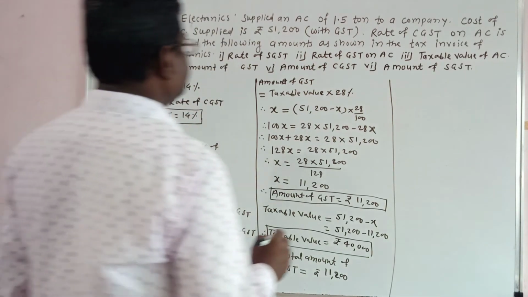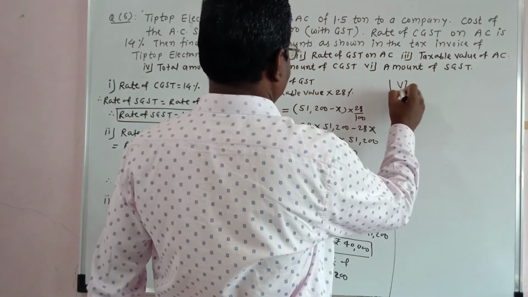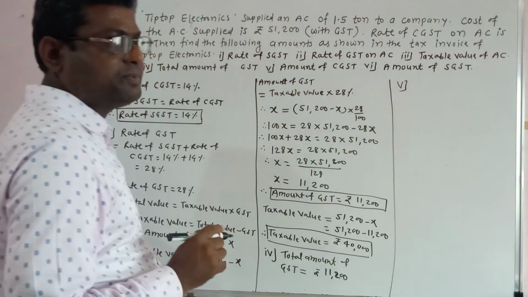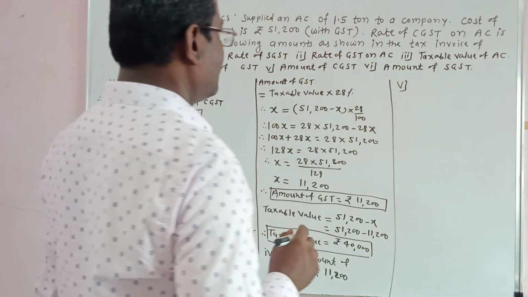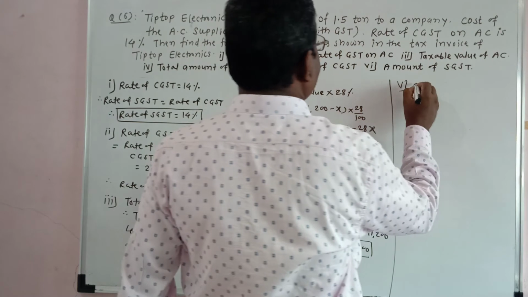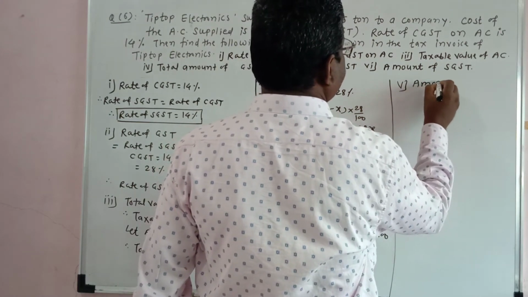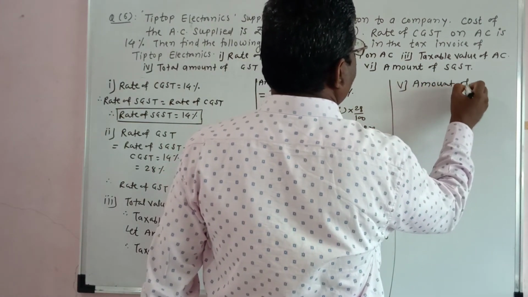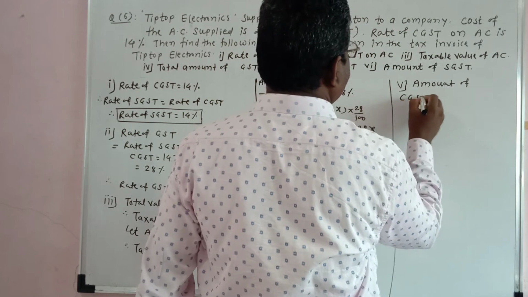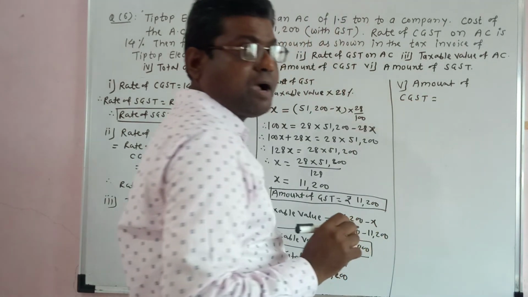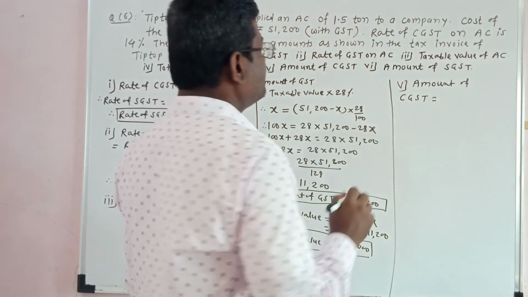Now number 5, we have to find the amount of CGST. Amount of CGST is equal to amount of GST upon 2.